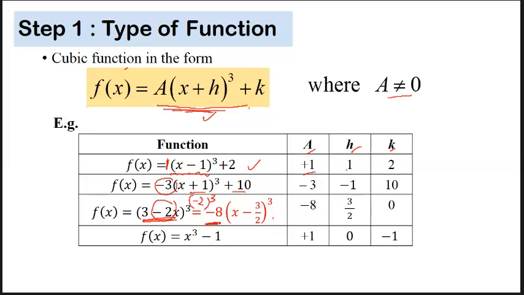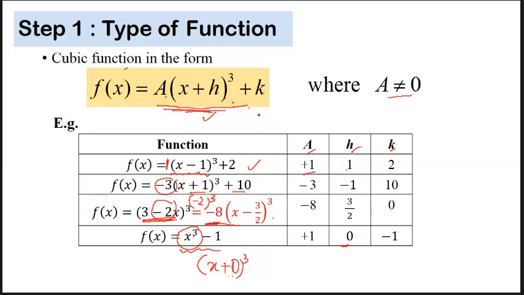And once again, this is the form that we have on top, with a, h, and k accordingly. Then the last one can be as simple as x cubed minus 1, where in this case it is as if I have x plus 0 to the power of 3, where h corresponds to 0. So these are the types that we have.